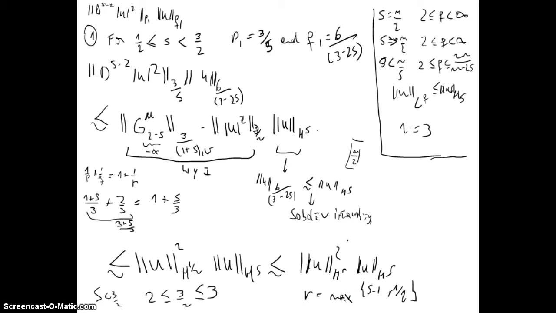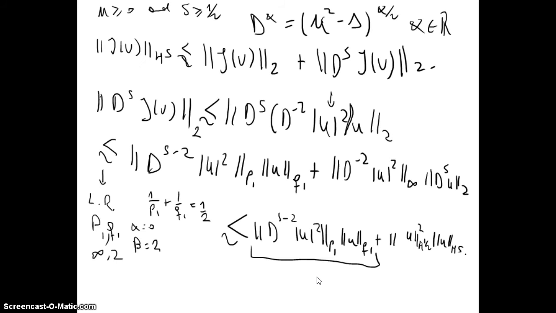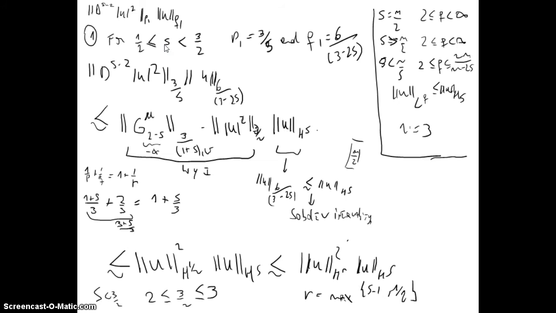So just to remember what we are really doing, we are bounding this term. Now we considered first the case where s is between 1 half and 3 halves, and now let's see the second case, which will be for s greater than 3 halves.